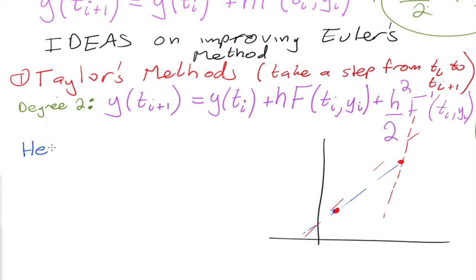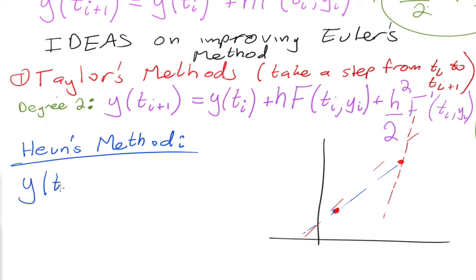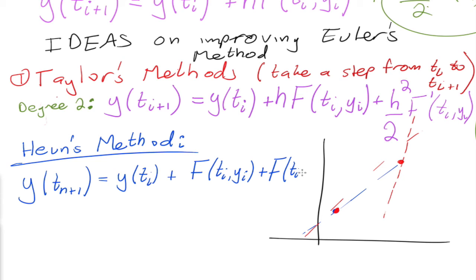So this is called, if you want to look it up for fun. All these, by the way, aren't really in your book. These are just fun things that I thought you would like to know. This is called Heun's method, and it's basically what we just said. Wikipedia probably has some good info there, but you take the y value, and then you add the average of the slope at t sub i, y sub i, and the slope at t sub i plus 1, y sub i plus 1.